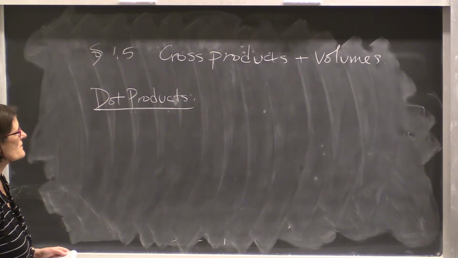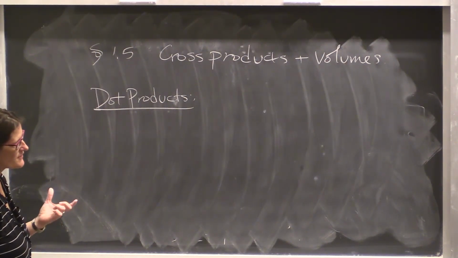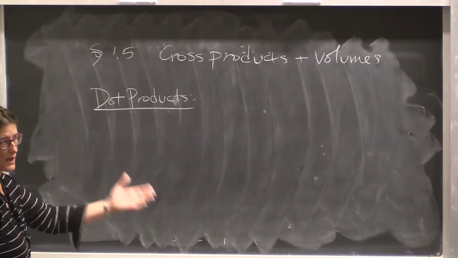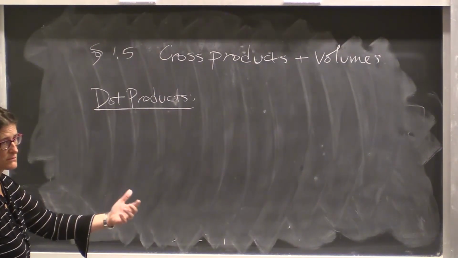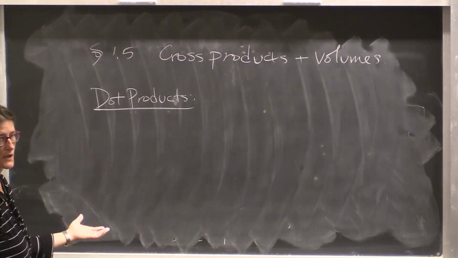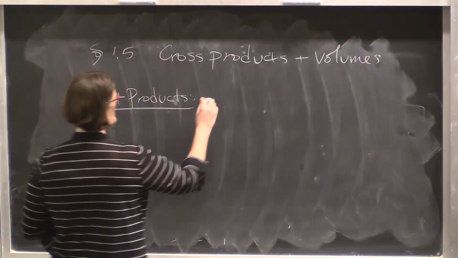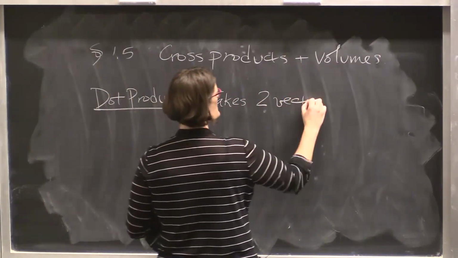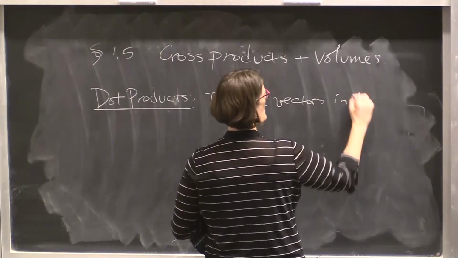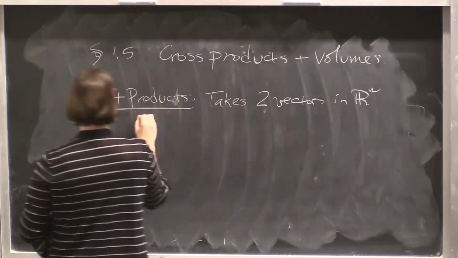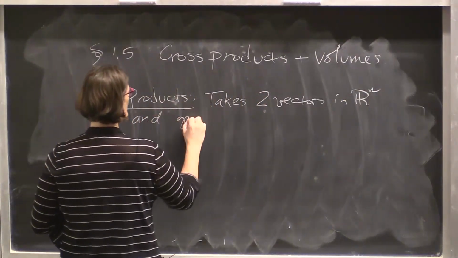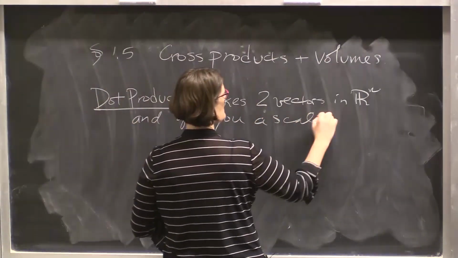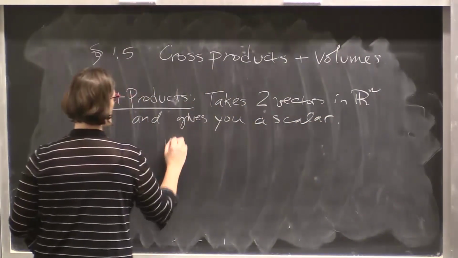No. So dot products take two vectors in Rn and give you a number, a scalar. And it has nice properties.